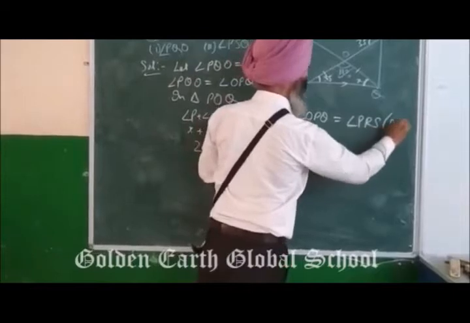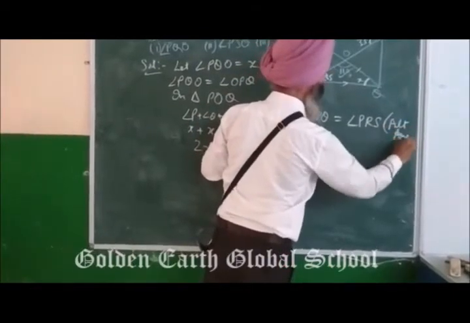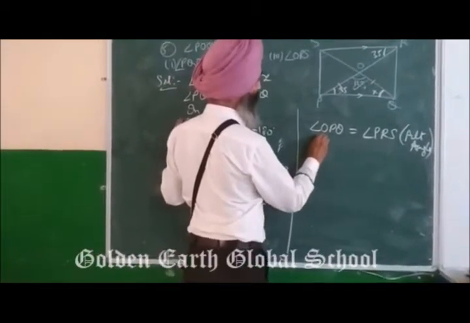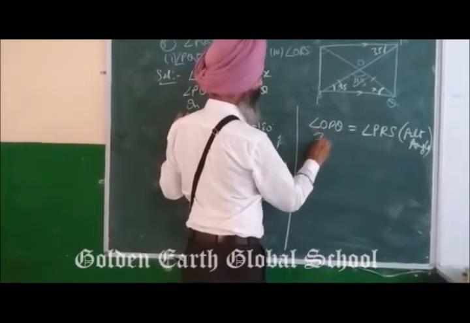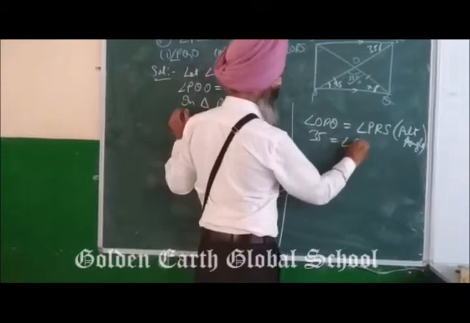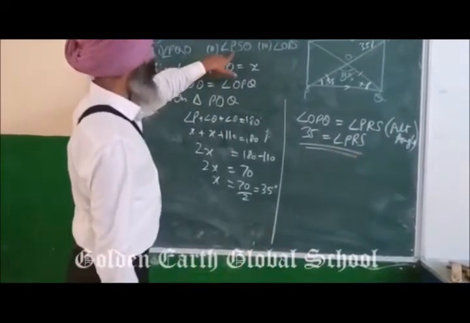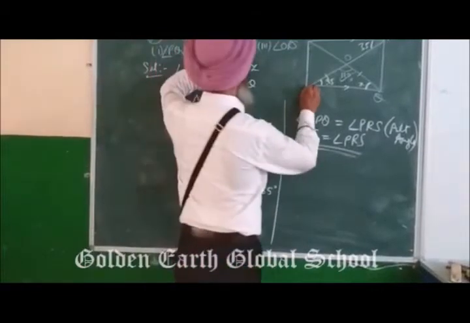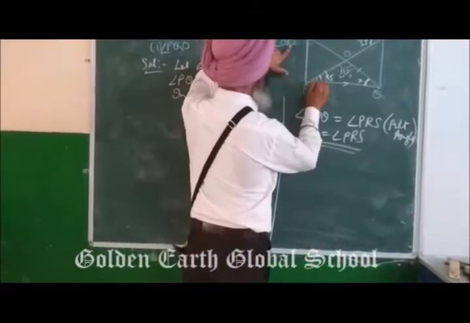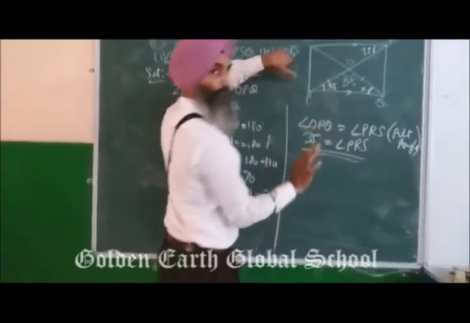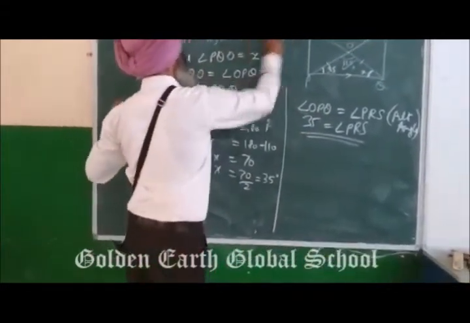Why? Alternate angles. But this angle OPQ is 35. So it means angle PRS is also 35, which is your next one. ORS और PRS is same. So ये भी हो गया आपका.